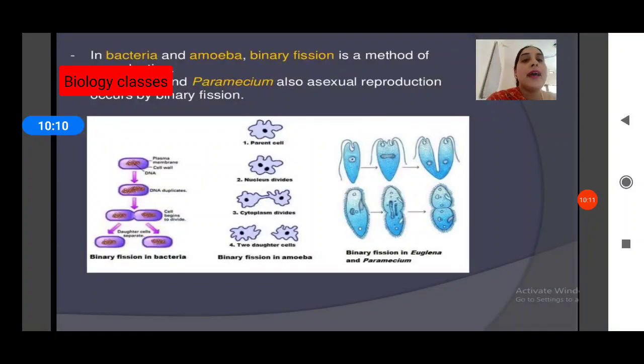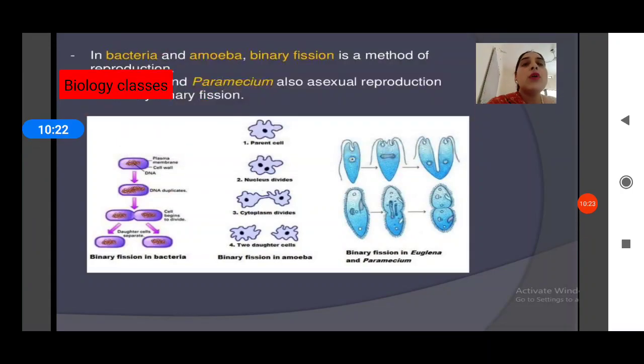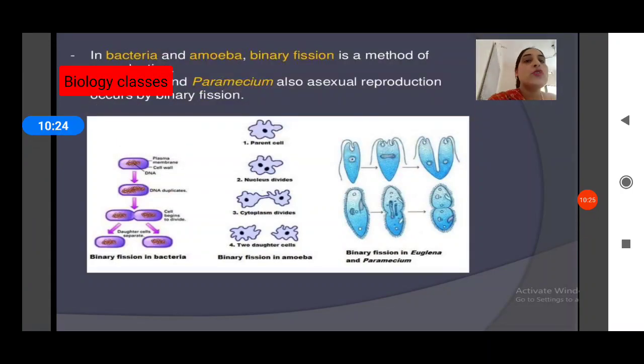You see in the diagram, binary fission in bacteria. The bacterium is divided and the DNA duplicates. You have learned in 10th class about DNA copying. Now the cell is going to be divided and two new cells are formed in binary fission.